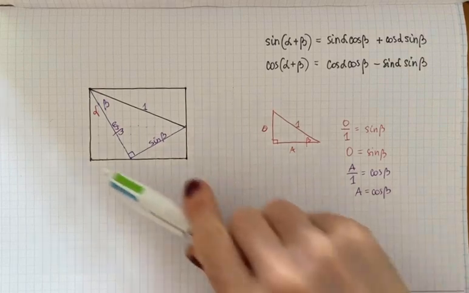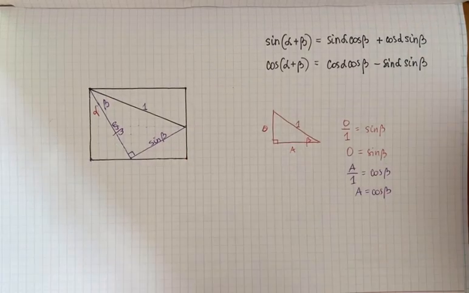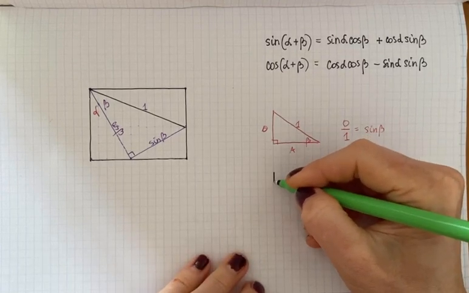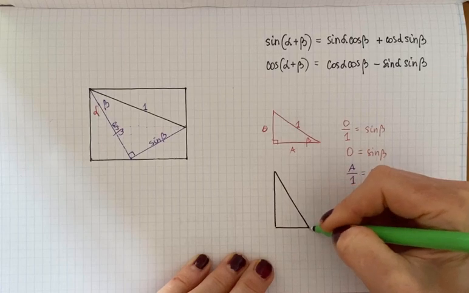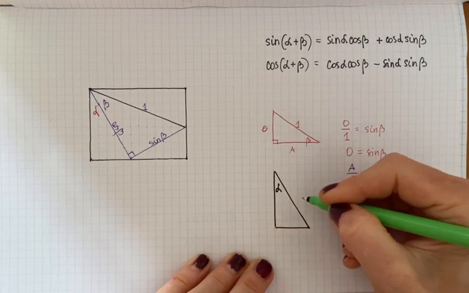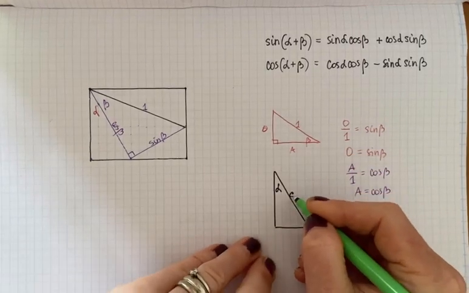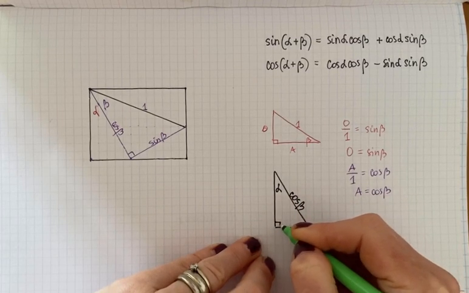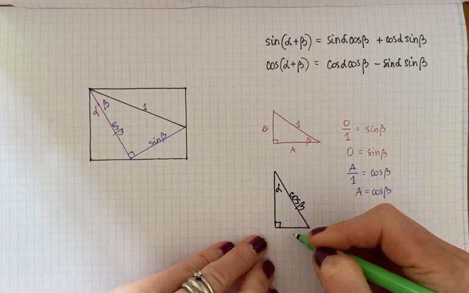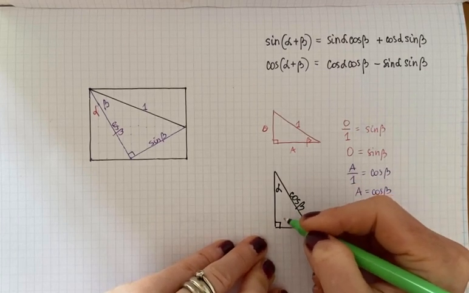Okay. Now we've got this triangle with alpha. So let me draw it again. Actually, I'll draw it like that. So what do I know about this triangle? Well, I know this angle is alpha. I already know that the hypotenuse is cos beta. I do apologize, I said adjacent before.